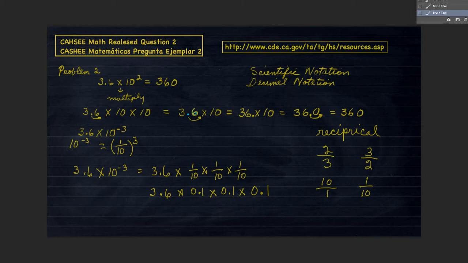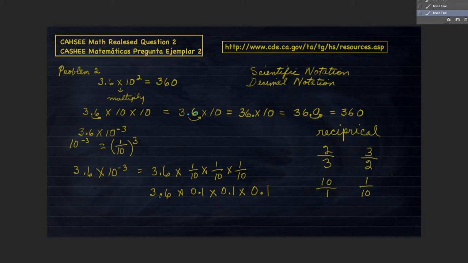Now, multiplying with 1/10 has the same effect as dividing by a whole number 10. Dividing moves the point to the left, just like multiplying moves the point to the right. So this is actually dividing by 10 or multiplying by 1/10, however you want to say it.